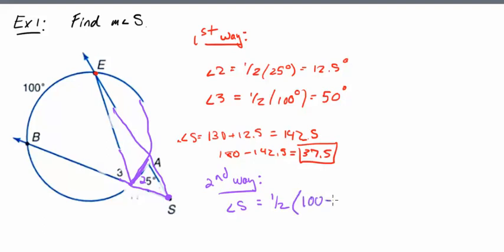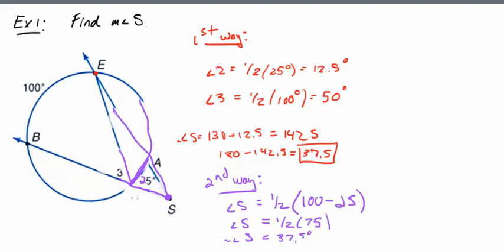So if we just subtract 25 from 100, we get 75. So angle S is equal to half of 75. Therefore, the measure of angle S is 37.5, the same exact answer that we got using inscribed angles and triangles. Okay, so this is a little bit shorter, but it requires knowledge of that theorem in 9-6.